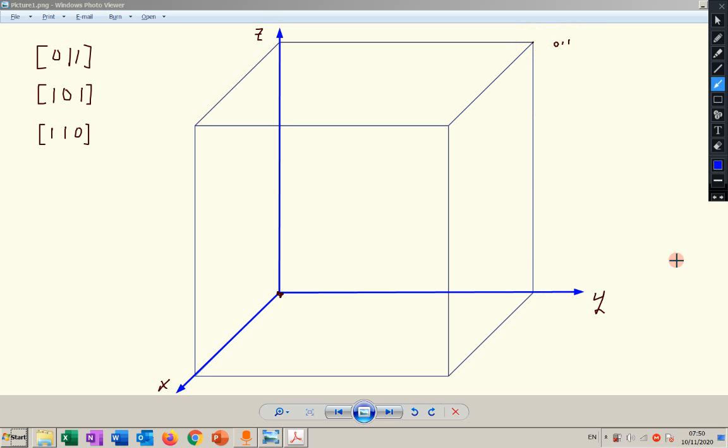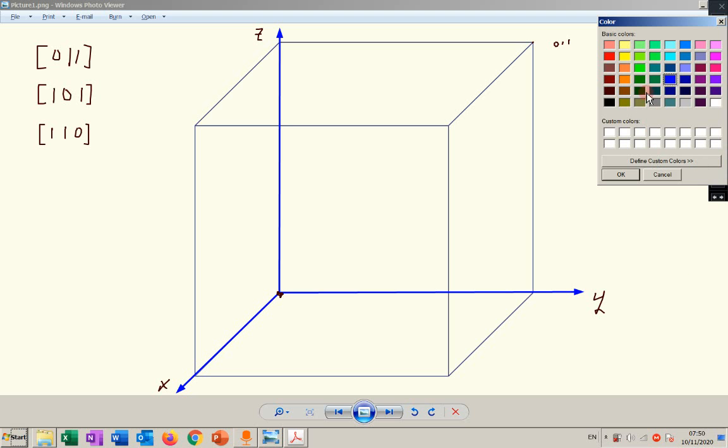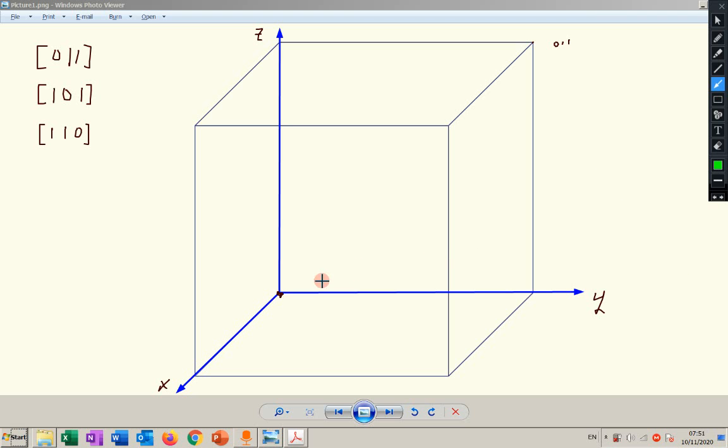So when we're drawing the direction, this direction will be from here till here. Then if I do the other one, 1, 0, 1, 1 in x, 0 in y, 1 in z, that's going to be the coordinate here. This is 1, 0, 1.